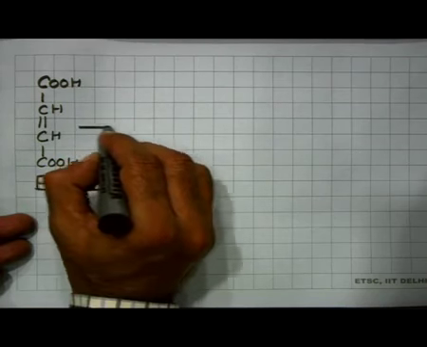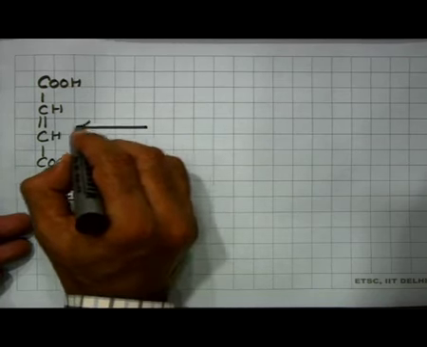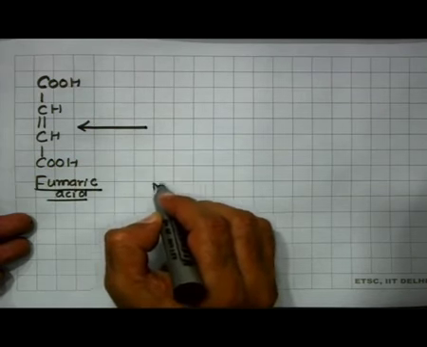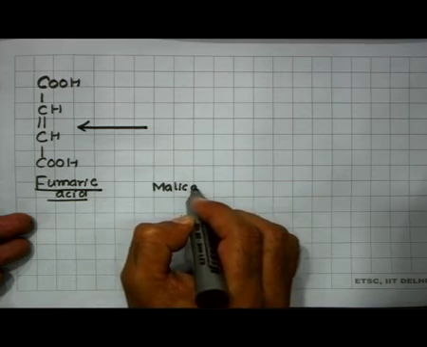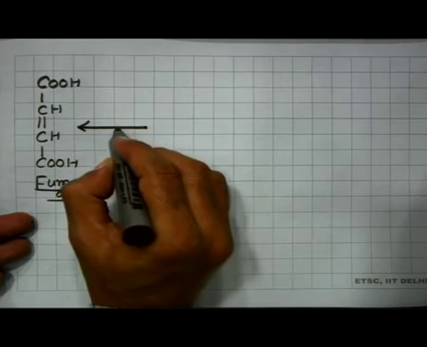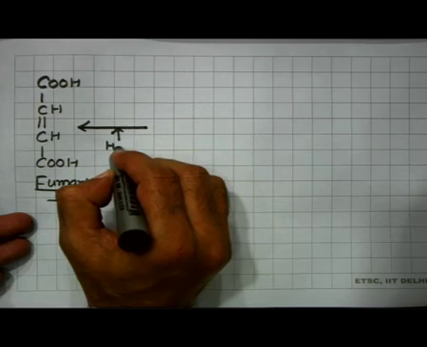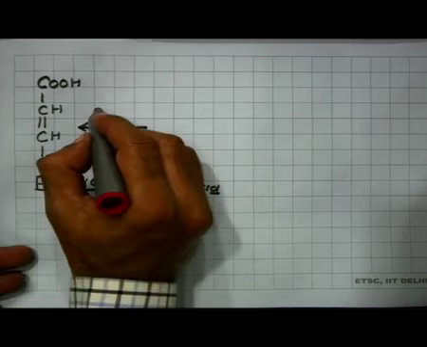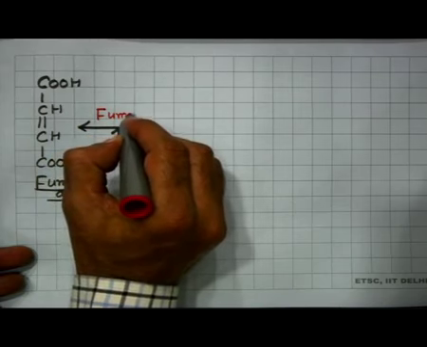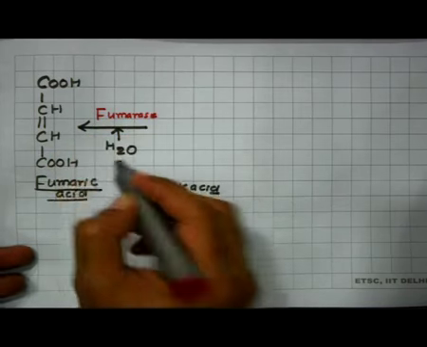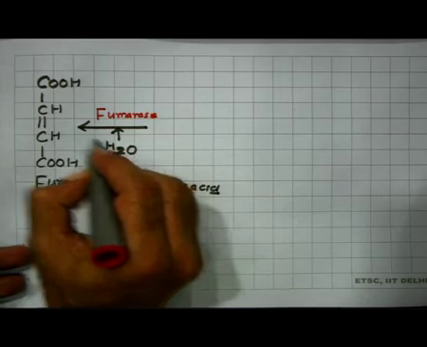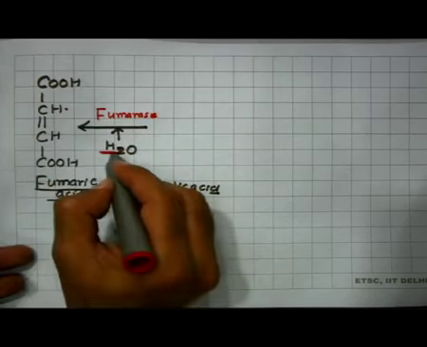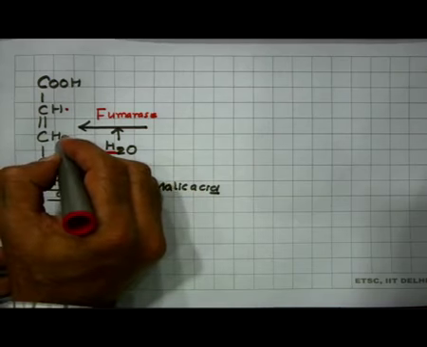This fumaric acid, after the addition of a water molecule, is converted into malic acid. The enzyme involved here is fumarase. From water, one hydrogen is going to be attached here and another OH is going to be attached here.